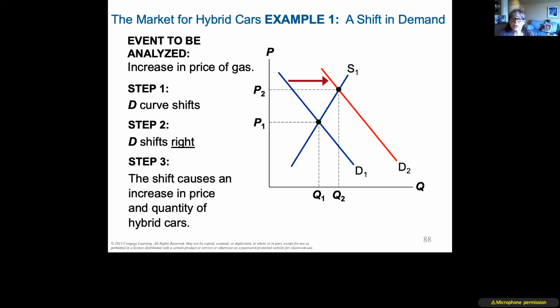So in this particular case, you have a new equilibrium right there, X marks the spot, in which you have an increase in your price and a slight increase in the quantity demanded. So the quantity demanded went up and the price went up.